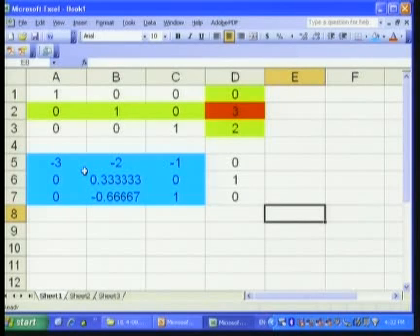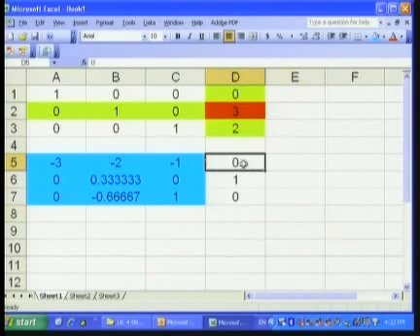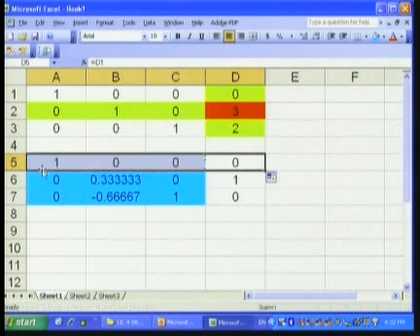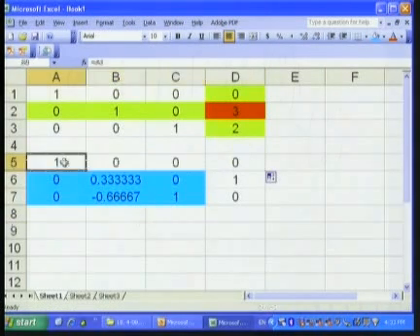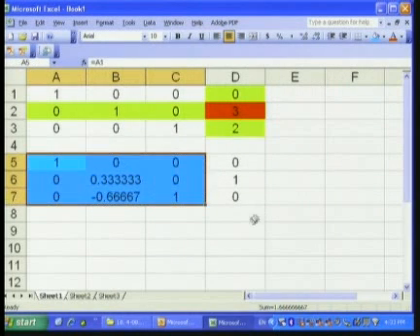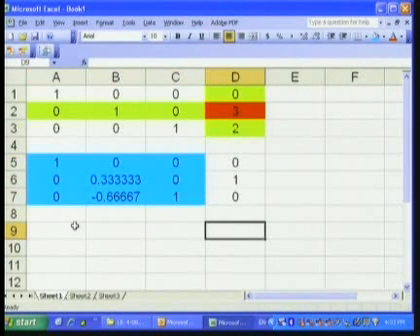First row. Yeah, first row looks weird. Okay, let me just copy this and then paste it. Okay, thank you very much. Right, this is the new basis inverse matrix.